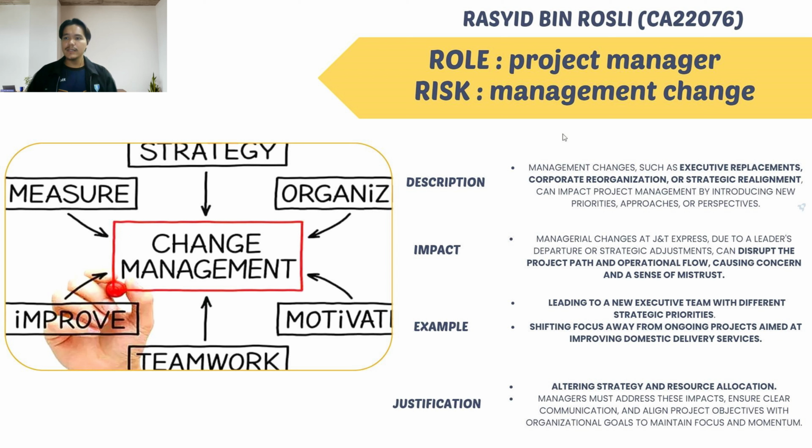The change will harm the existing project path and the operation flow by adding worry and a sense of distrust. While the new leader familiarizes with the new operational environment, reviews ongoing initiatives and develops plans, the time of transition will cause a delay in the critical decision-making process.